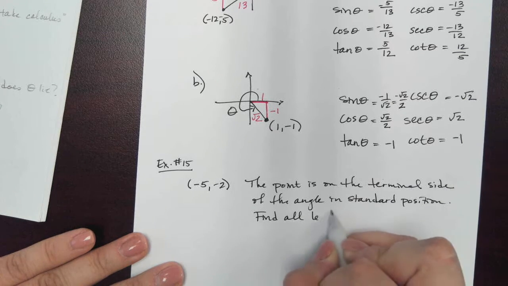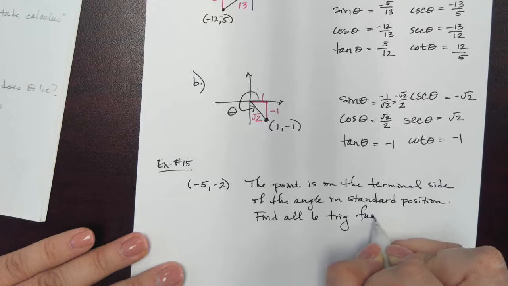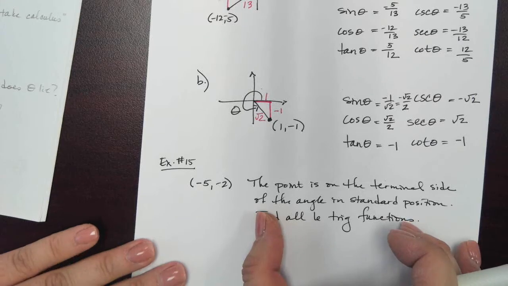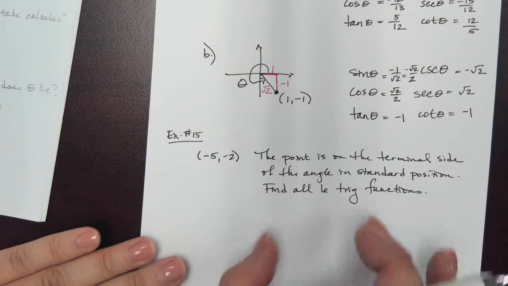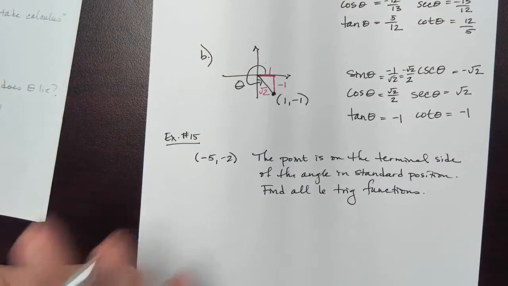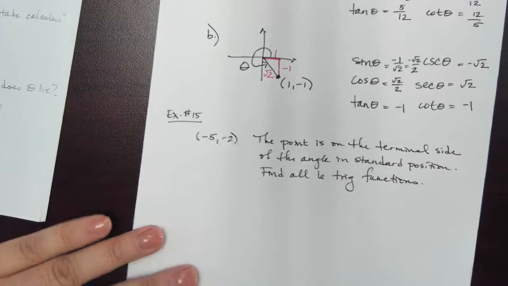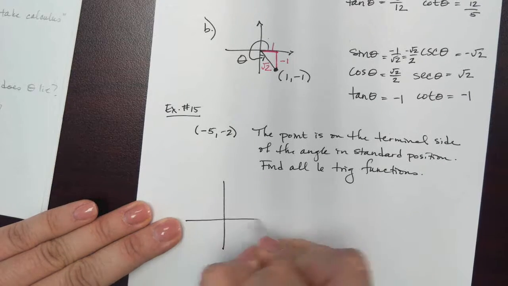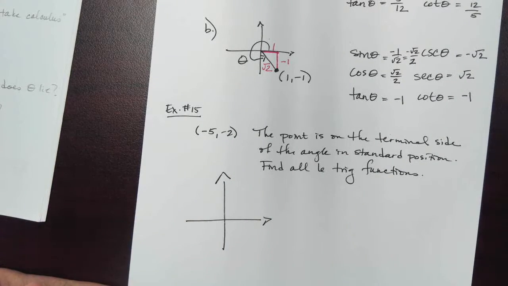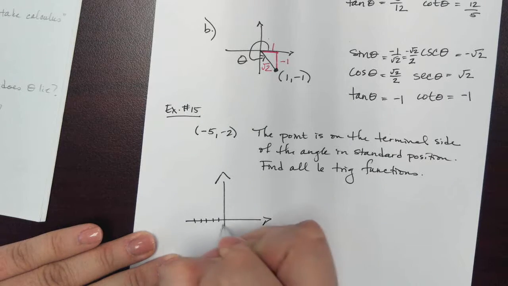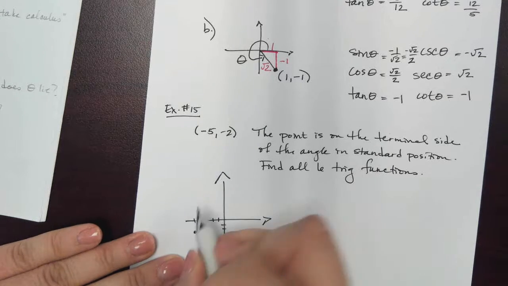Find all 6 trig functions. The only difference between this and what we just did is this time they didn't draw the triangle on the set of axes for us. So we need to go ahead and plot this. Negative 5, negative 2 is in what quadrant? 3. Right? So I'm here.